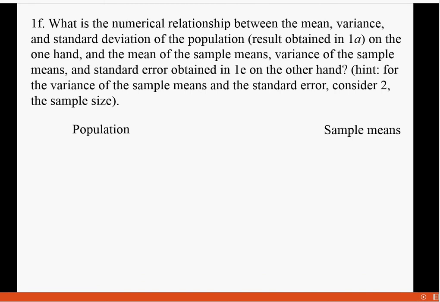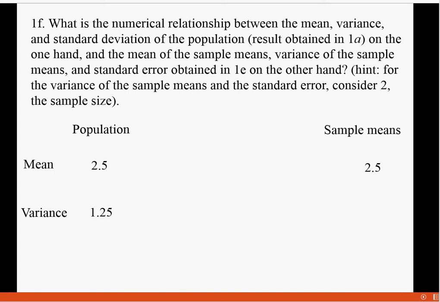Remember, we have done calculations for the population and sample means. We calculated the mean of the population, which is 2.5. We also calculated the mean of the sample means, which is also 2.5. For the population, we calculated the variance, 1.25. That is the population variance.